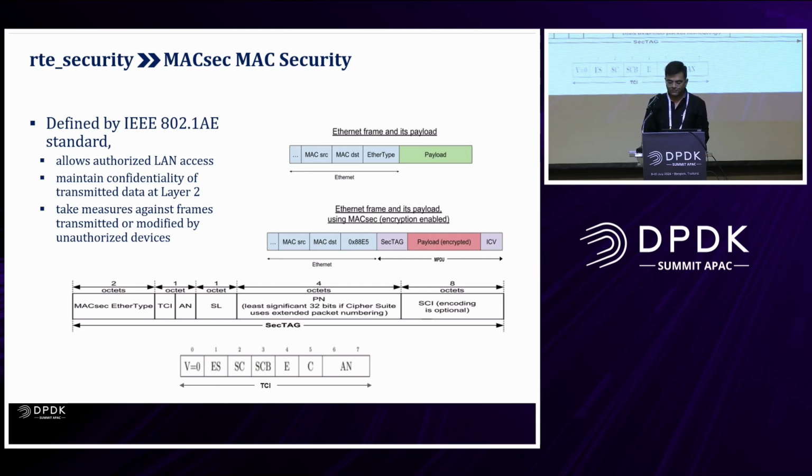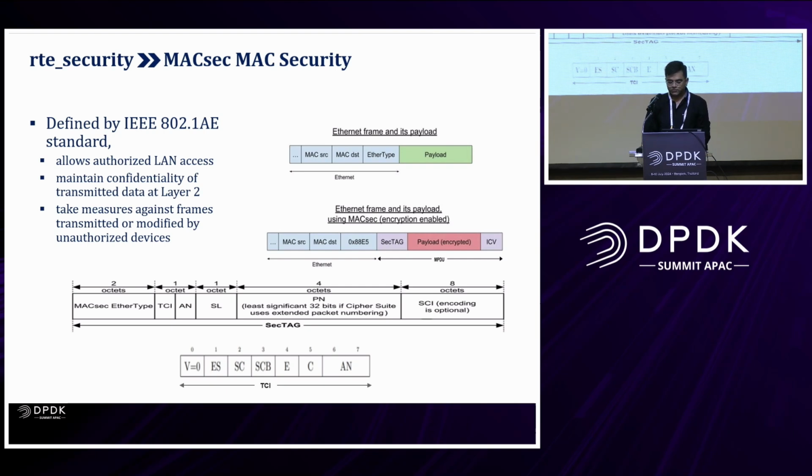Now, here we have the MACsec header details. A plain Ethernet packet has MAC source and destination addresses with an Ethertype and payload. If it is processed with MACsec, a new Ethertype 0x88E5 is added, along with a SecTag.